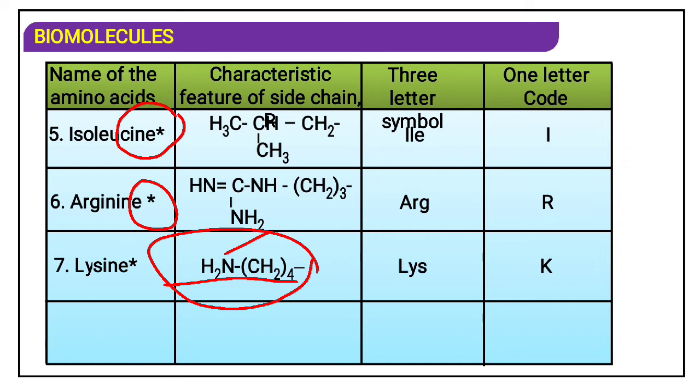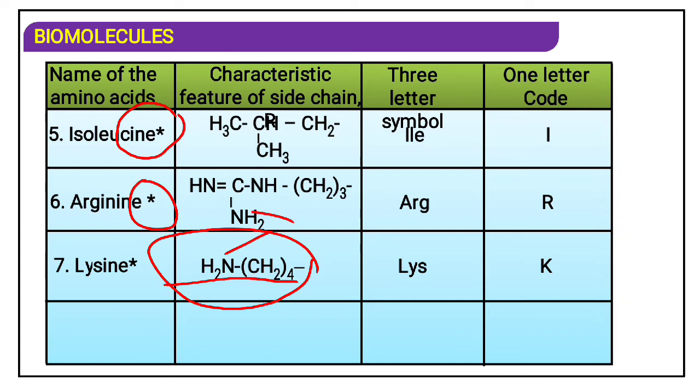That's why lysine in its entire structure has two NH2 groups, and that's why lysine belongs to the basic amino acids. Why is lysine a basic amino acid? Because there is a greater number of NH2 groups.